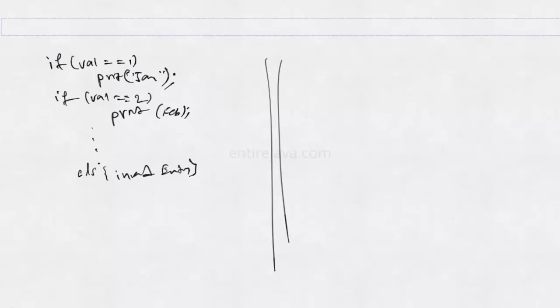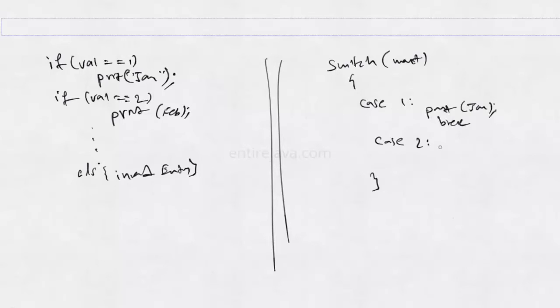That means user has entered something that is beyond the number 12. Now coming to switch, we're going to say switch month, and we're going to have a case 1 to print January, break, and case 2 to print February, break, so on and so forth. And we're going to have one last case which is default that says invalid entry.